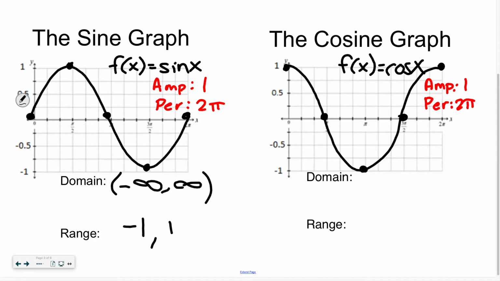Included, right? Can you actually get a sine value that is -1? Yeah, if you were on the unit circle, your sine would be -1 if you were the angle 3 pi over 2. And can you get a sine value of +1? Yeah, if you're on the unit circle, you would be at the positive y-axis, so pi over 2. So we want to use brackets for range, that the mins and maxes of this wave are included.